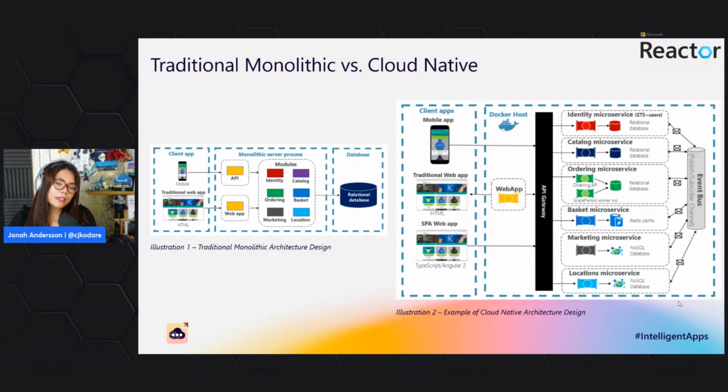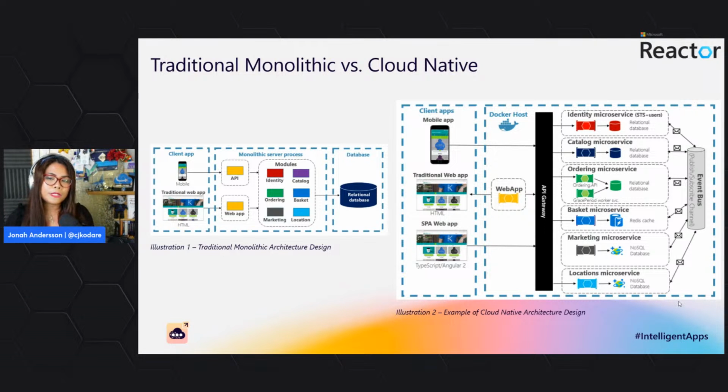But if we compare it to illustration 2 that we have here on the screen, it allows us to build a very intelligent and robust microservices architecture where you have your mobile app and your web app that can be accessed on the web anywhere. You have your SPA web app, which can be responsive and accessed on any kind of device. Then you have your backend services on containers.